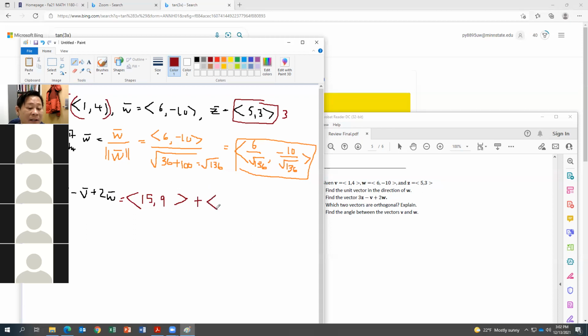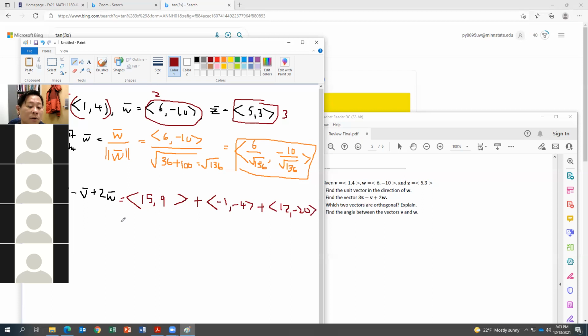A lot of students tend to make mistakes here. When this negative distributes to vector v, you get negative 1 and negative 4. Plus 2w. So again, you have to take this vector and multiply it by 2. So you will get 12 and negative 20.